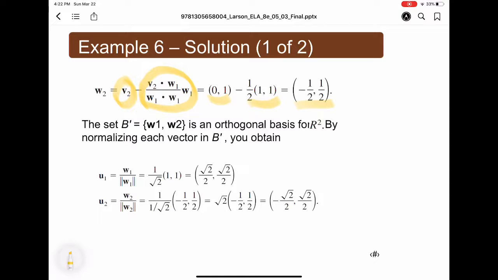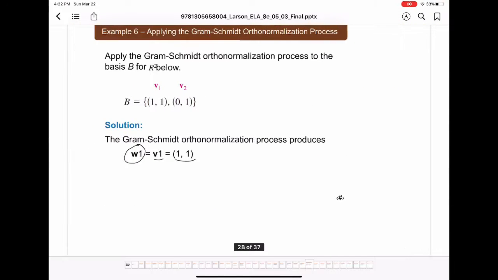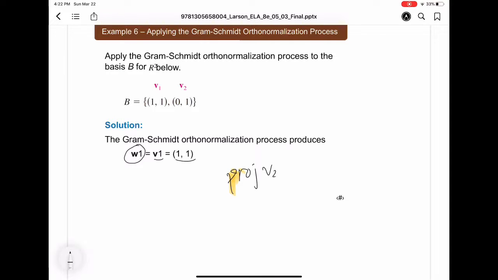If you want me to do the computation, no problem. Let me find the orthogonal projection and verify what they did here. The orthogonal projection of V2 onto V1 is V2 inner product with V1 divided by the norm of V1 squared, times V1.